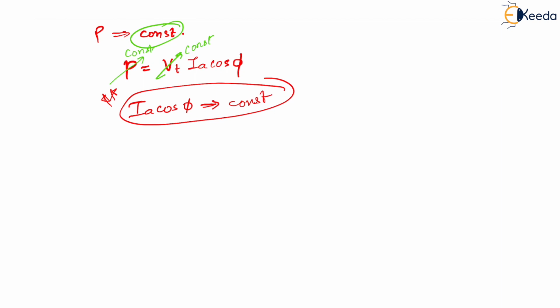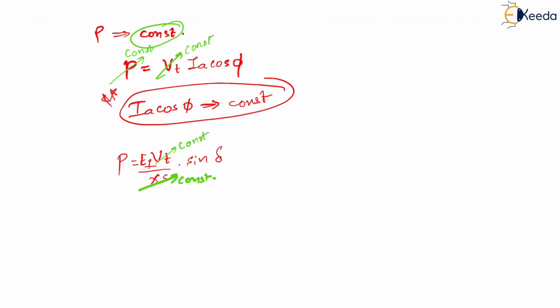Next, we also know that the equation of power is given by Ef Vt by Xs into sine delta. Out of this we already know that Vt is constant, same story, infinite bus. Again, Xs is constant. Why?